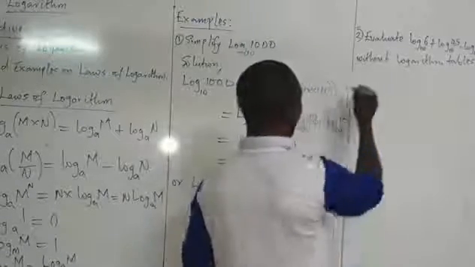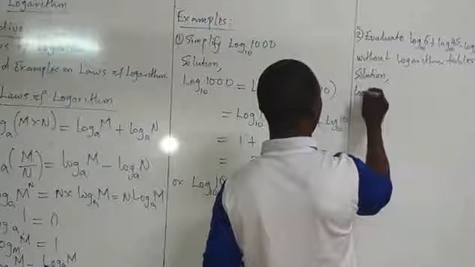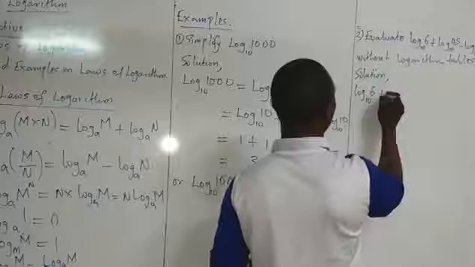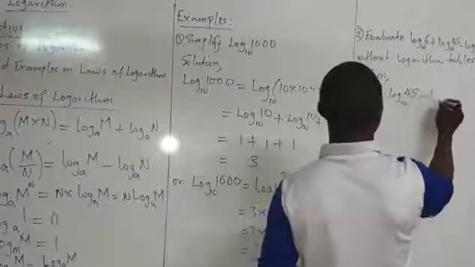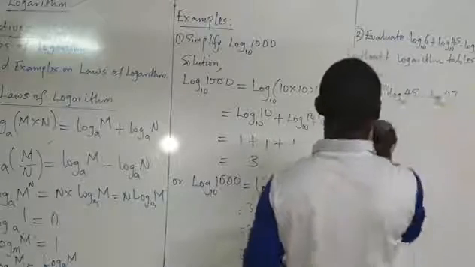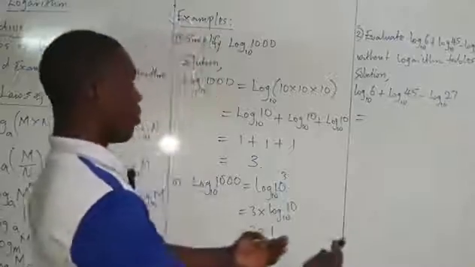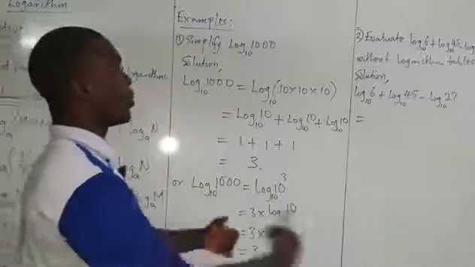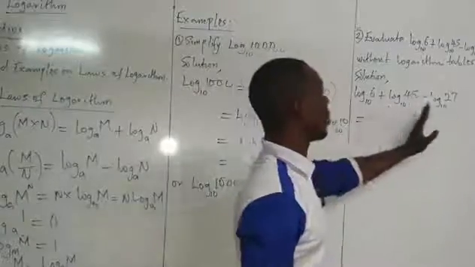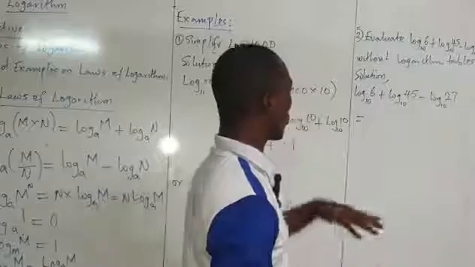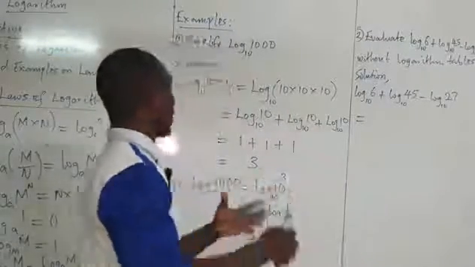So to do this, write down the question. So the question is log 6 base 10 plus log 45 base 10 minus log 27 base 10, which is equal to, so as we have it here, we are going to move backward, which means we want to reduce the number of logs that we have here. We have 3 logs, we now want to simplify it, we want to reduce it to the lowest step, that's to evaluate or attempt to simplify.